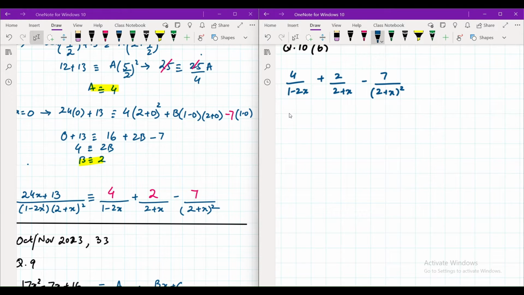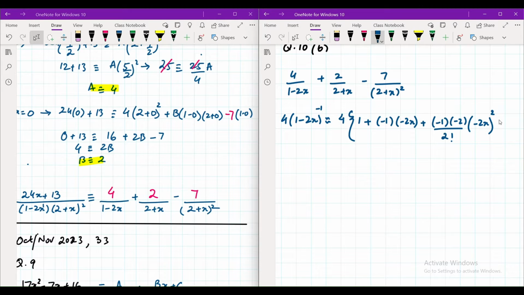So when we have 4 times 1 minus 2x, as you can see there's a 1, so we don't need to factorize anything. So for the 4, we can just jump into the expansion. 1 plus (-1) times (-2x) plus (-1)(-2) over 2 factorial times (-2x) whole squared.